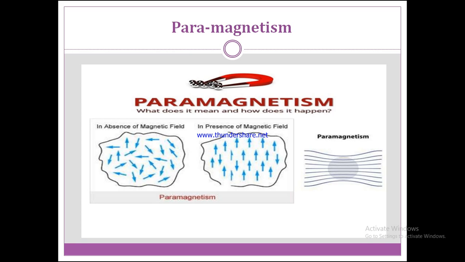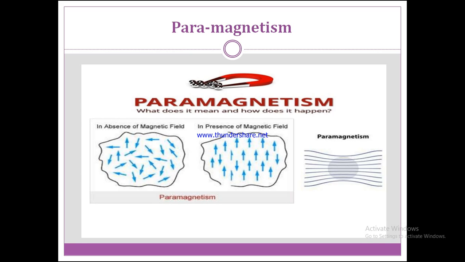In the absence of an external field, the orientations of atomic magnetic moments are random, leading to no net magnetization. When an external field is applied, dipoles line up with the field, resulting in positive magnetization. However, because the dipoles do not interact, extremely large magnetic fields are required to align all the dipoles.